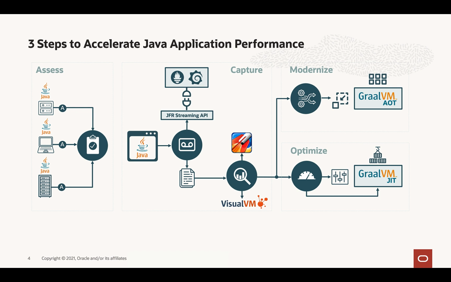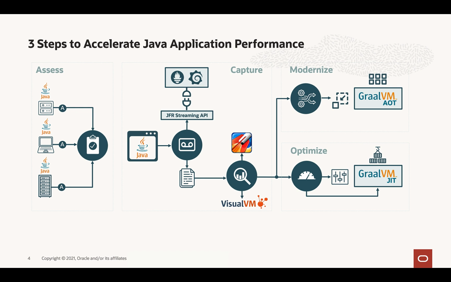In addition, today's most popular microservices frameworks like Micronaut and Spring Boot and Quarkus all depend on GraalVM to deliver fast, efficient application development and deployment models. So the optimize step is likely where you'll encounter the best opportunity to accelerate your Java application performance. And that's due to the innovative features designed into GraalVM.